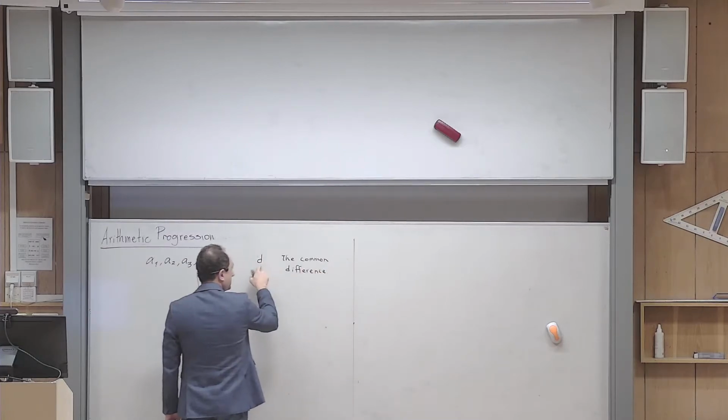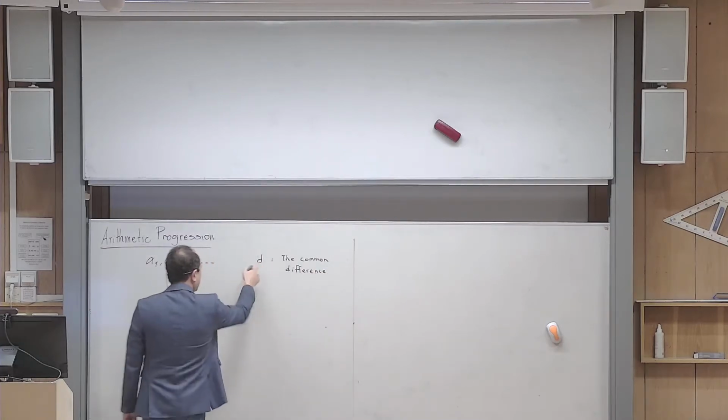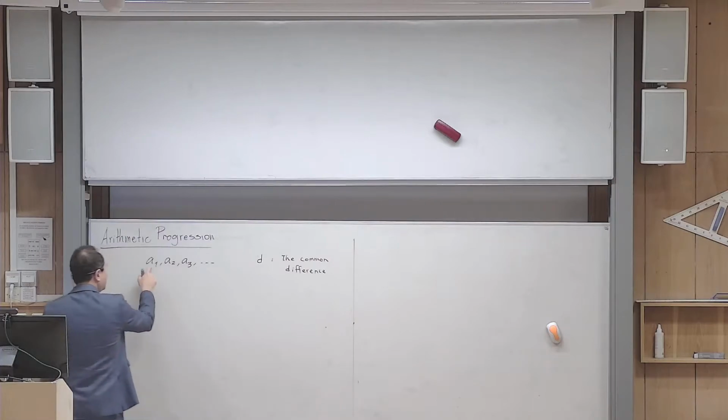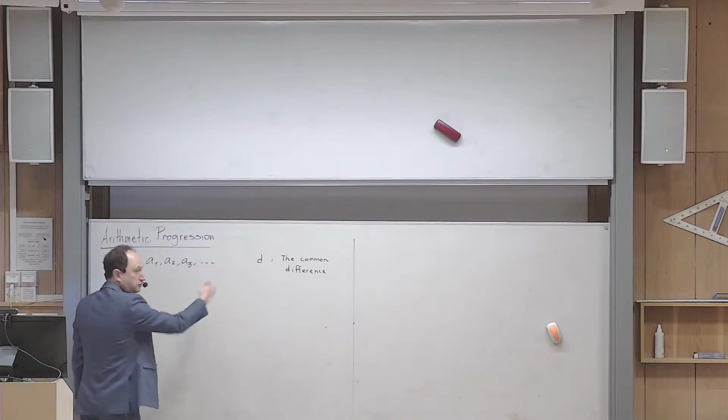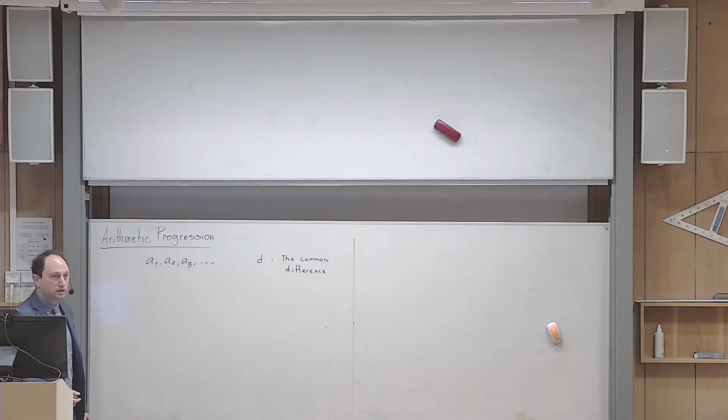This is a fixed number. I take that fixed number, I add it to A1, I get A2. I add it to A2, I get A3. I add it to A3, I get A4, and so forth. So that is called an arithmetic progression.